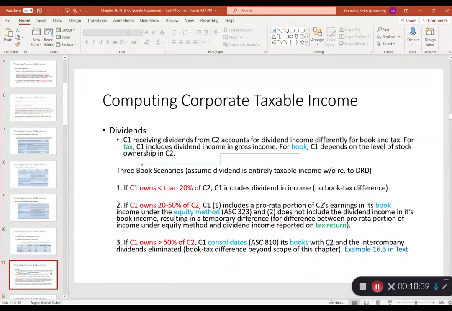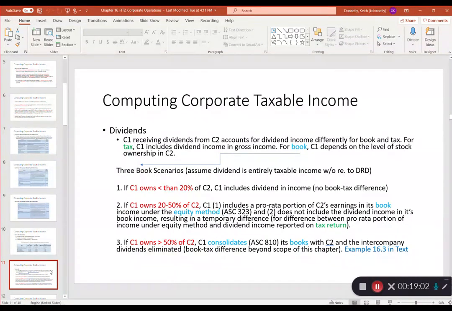So if you own less than 20% of the corporation, then it's the same thing, all of its income. Simple enough. If you own between 20 and 50% of the other corporation, then you have to use the equity method, where it's basically looking at your pro rata share of income from it.